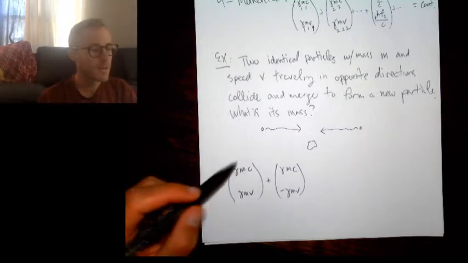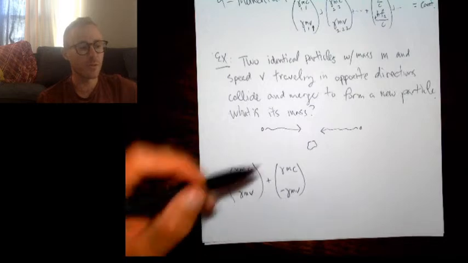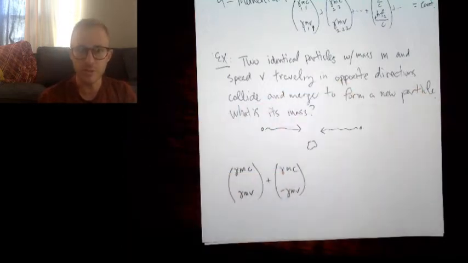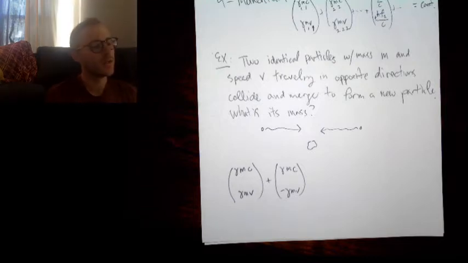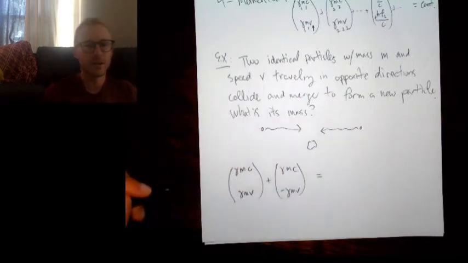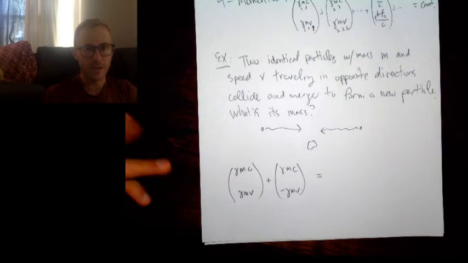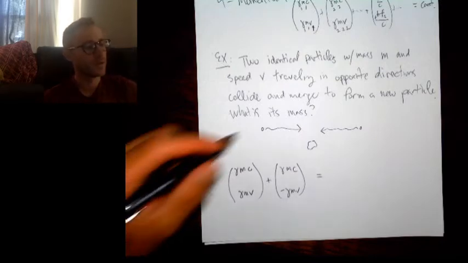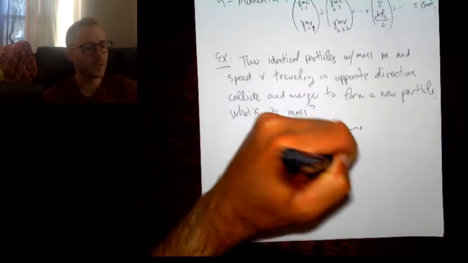Okay? The gammas are the same because remember, gamma depends on velocity squared. Okay, so if you're going to the left or to the right, your gamma is going to be the same. And then those merge to become another particle, which is just a single particle.